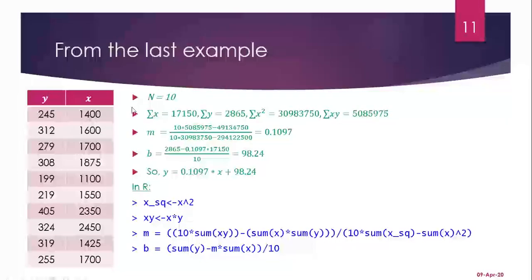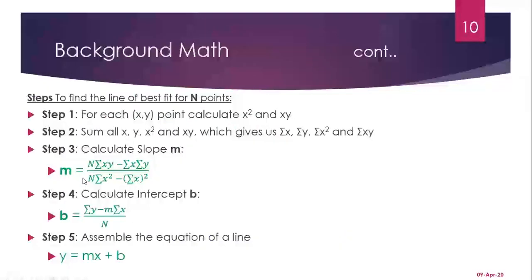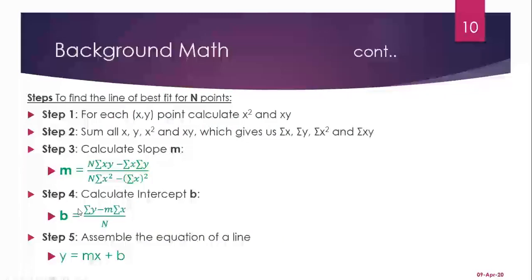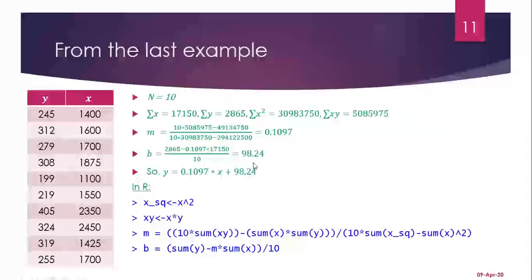Summation of xy, x multiplied by y for all these points, was this. According to this formula, I found the value of m to be 0.1097. I found the value of b according to the formula in step 4 to be 98.24. So y is equal to 0.10 into x plus 98.24.